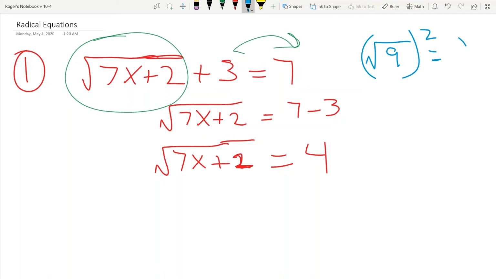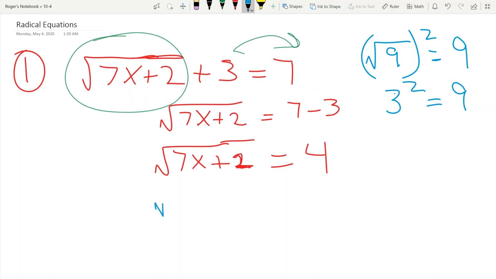I would get 9, because this really amounts to 3 squared, which is equal to 9. Okay? Square root of 9 is 3. 3 squared is 9. So when you have the square root of something and then you square it, you get the radicand. So down here, what we have is 7x plus 2 when we square it.